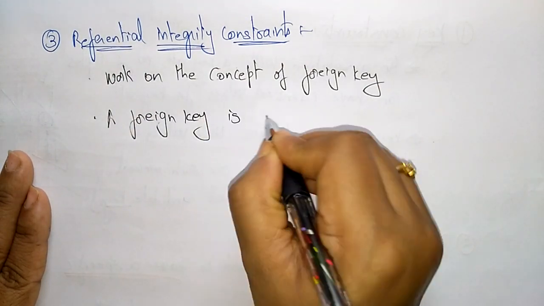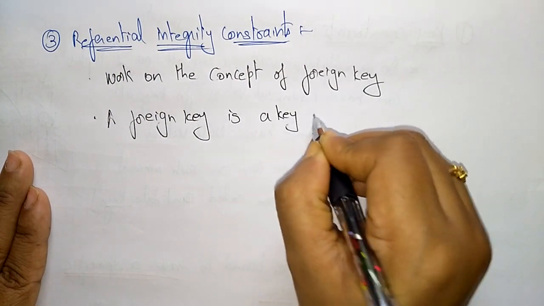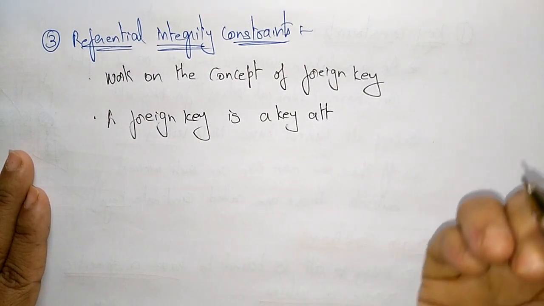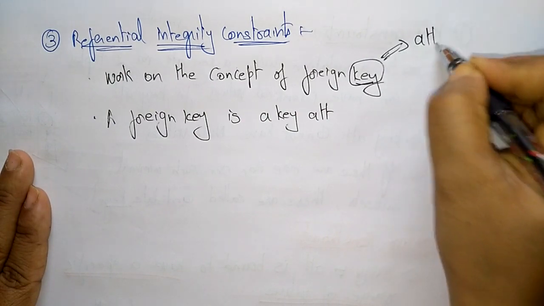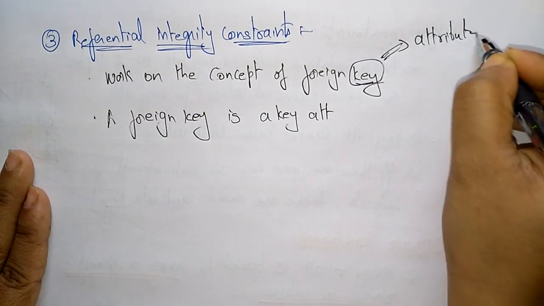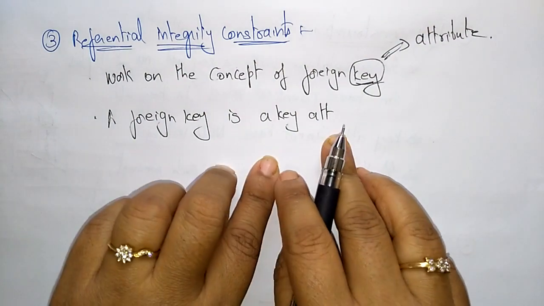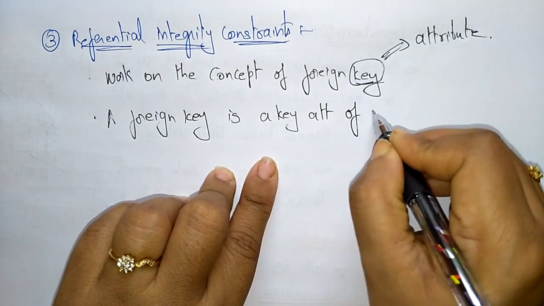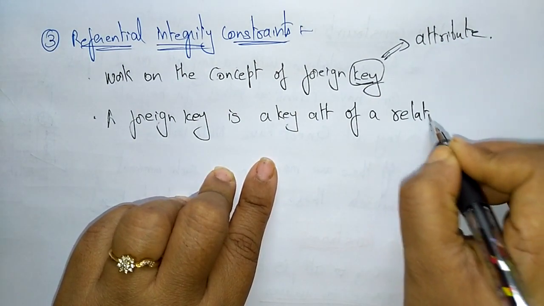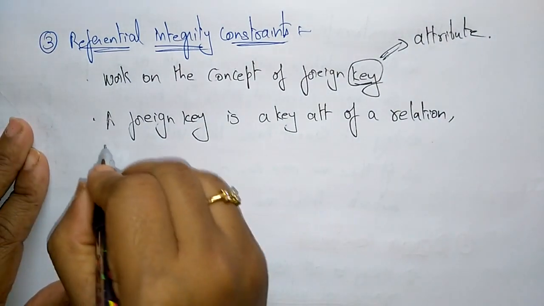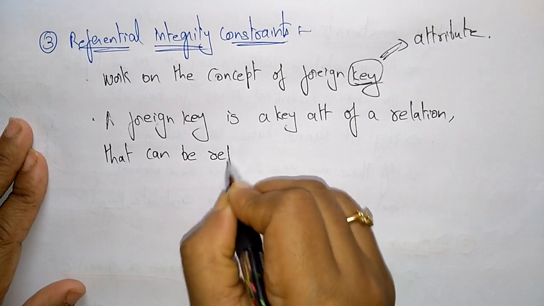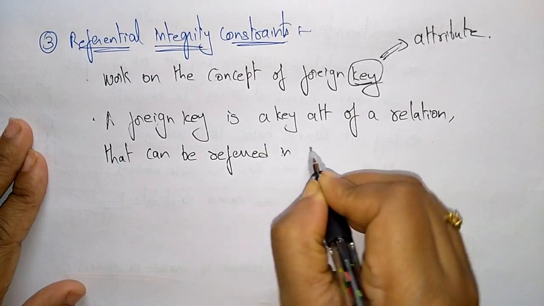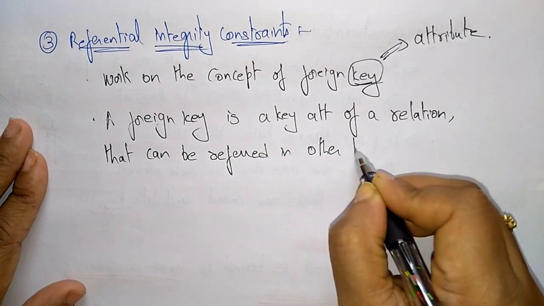It's a key attribute. Key is basically completely based upon the attribute. A foreign key is a key attribute of a relation, of a table, that can be referred to in another table, another relation.